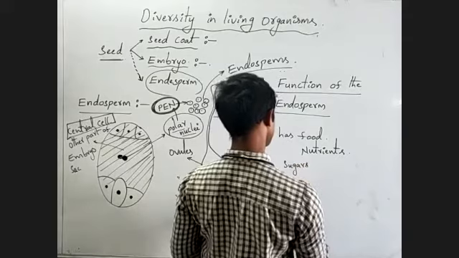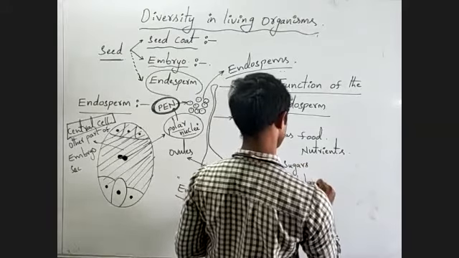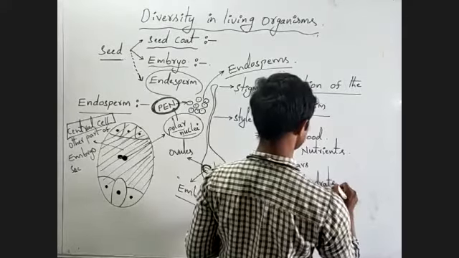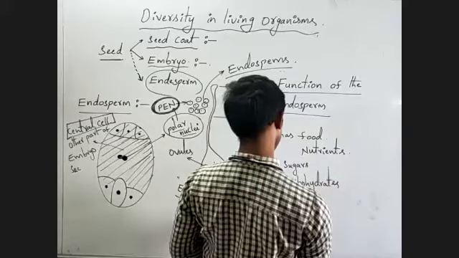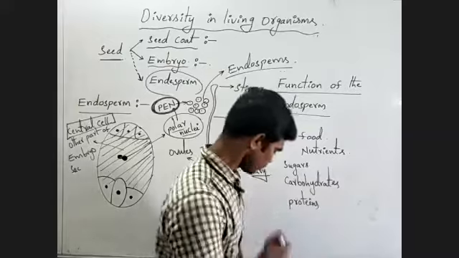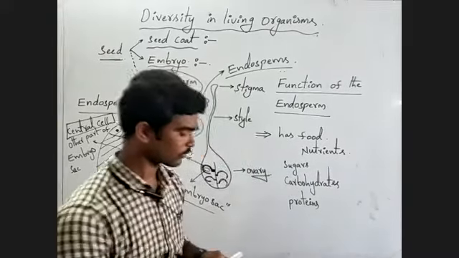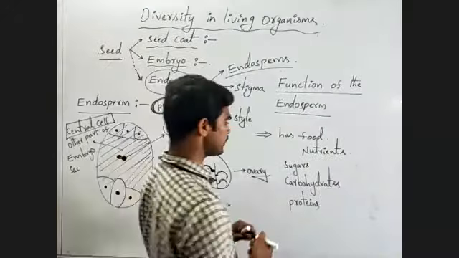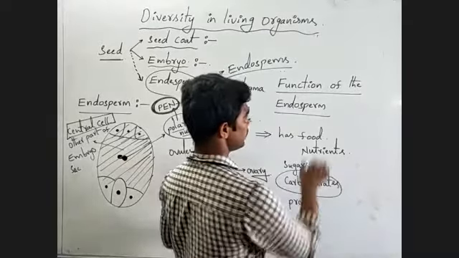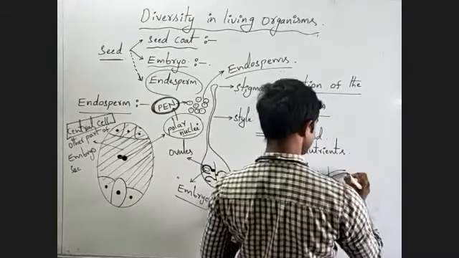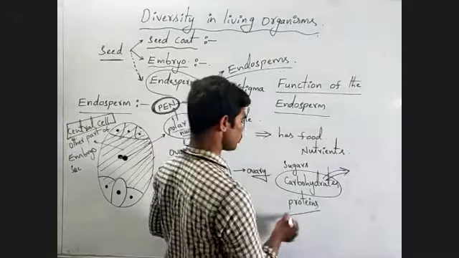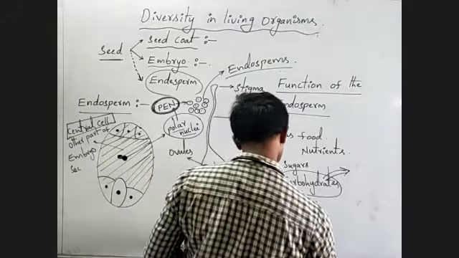Means carbohydrate, the main one, and proteins are also present. The main important one is carbohydrate. The endosperm has carbohydrate and some amount of proteins and amino acids.